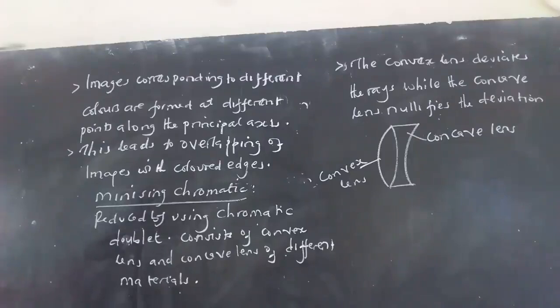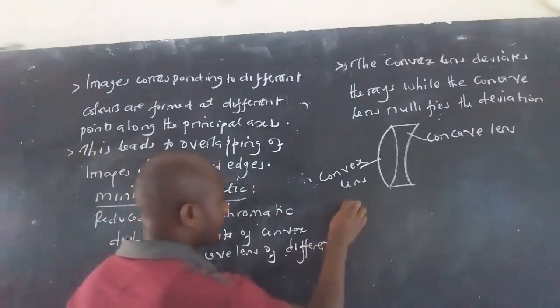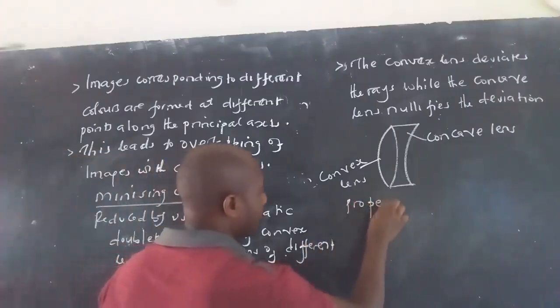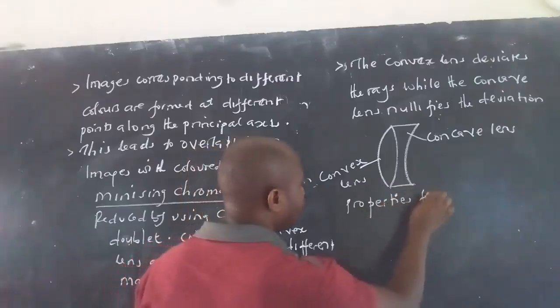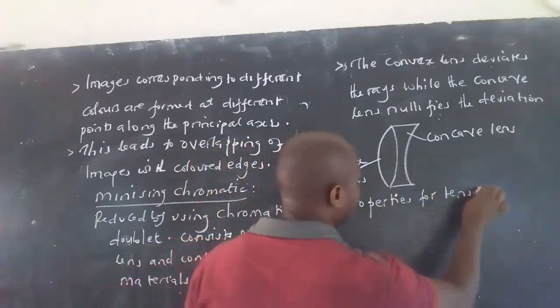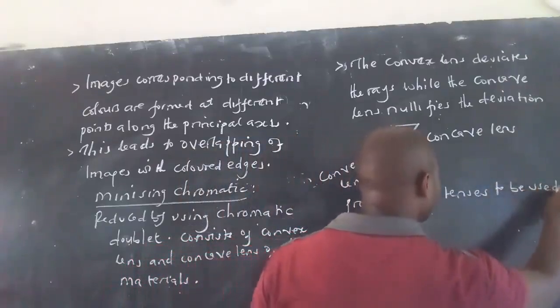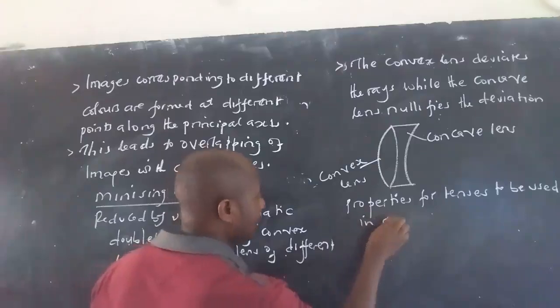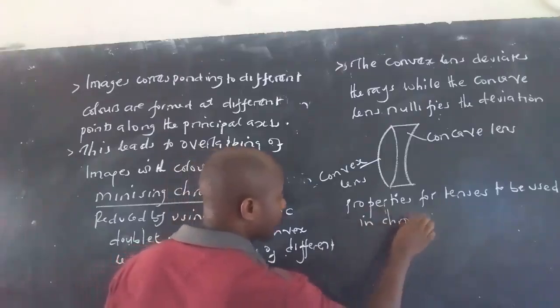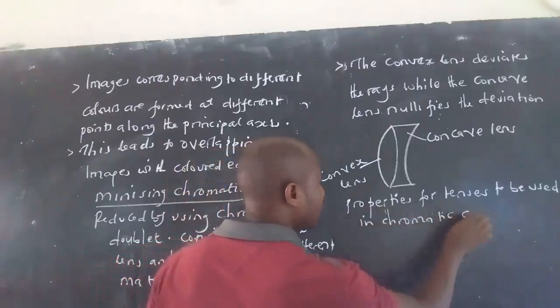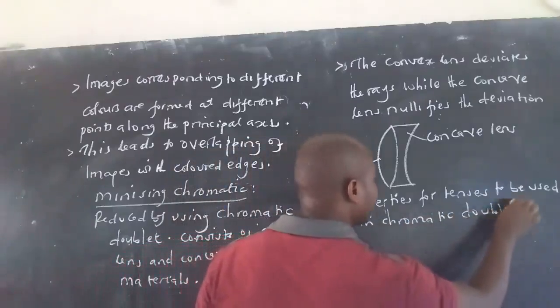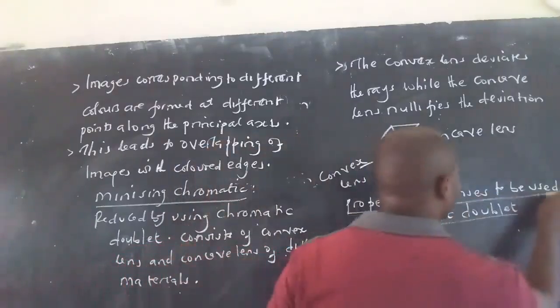Then we shall also say, properties for lenses to be used in a chromatic doublet. What are the properties?